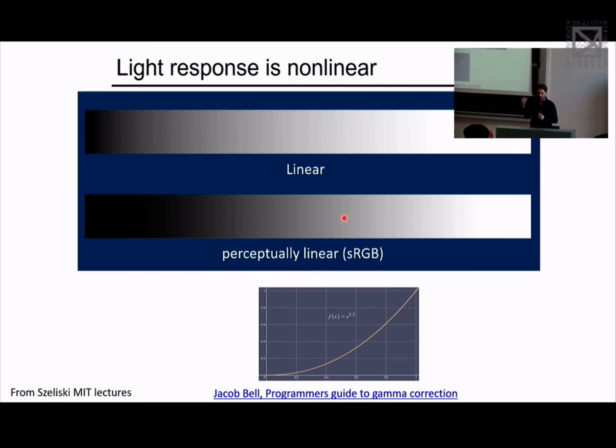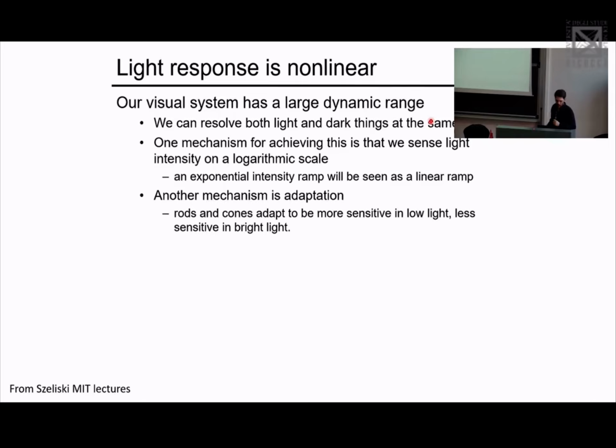So you have more sensitivity over the brighter part of the spectrum than over the darker one. So just to summarize, we can achieve this sensitivity by plotting the intensity on a logarithmic scale, and the fact that our eye is able to adapt.